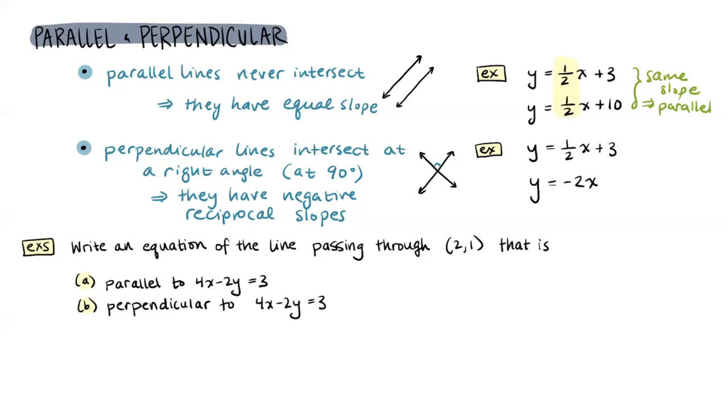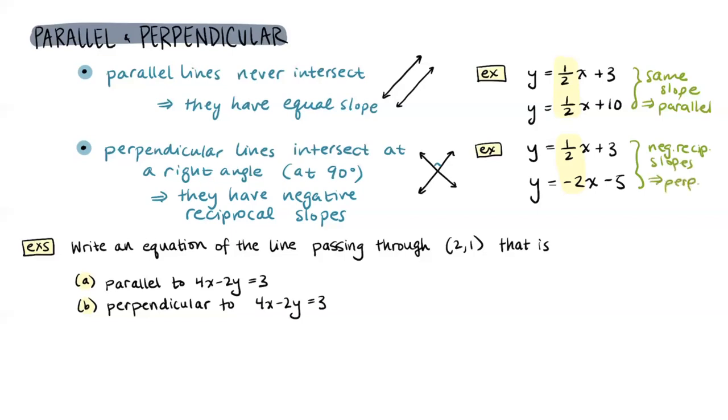It could have any y-intercept, it doesn't matter. Again, that would just mean that we have a different line moved up or down, but it has to have the same slope. So, say, negative 5. Here these slopes are negative reciprocals, so these lines are perpendicular.